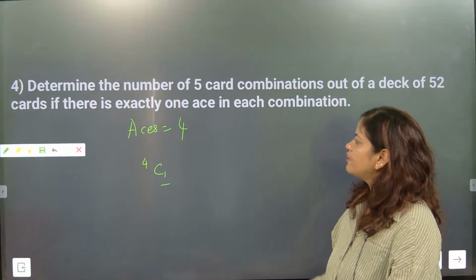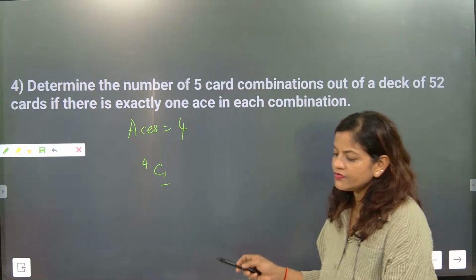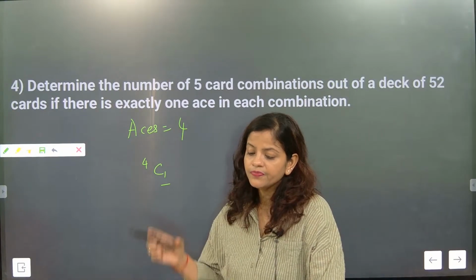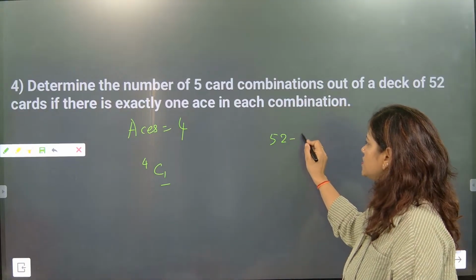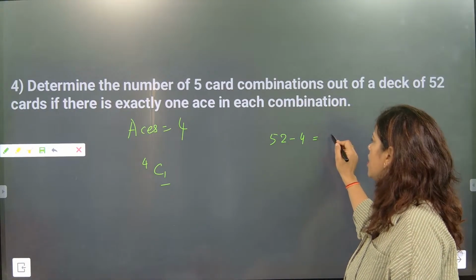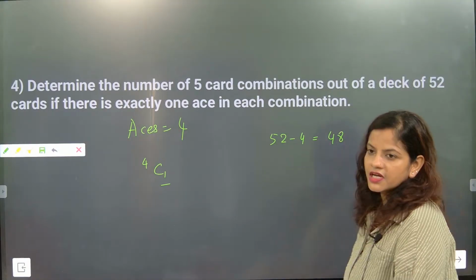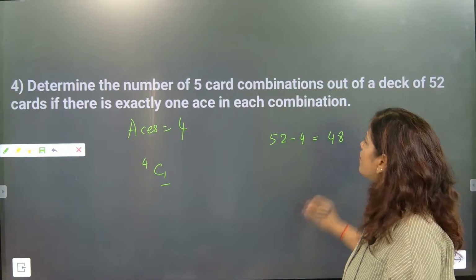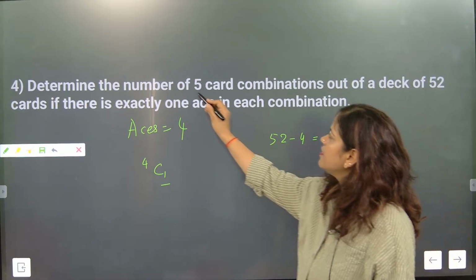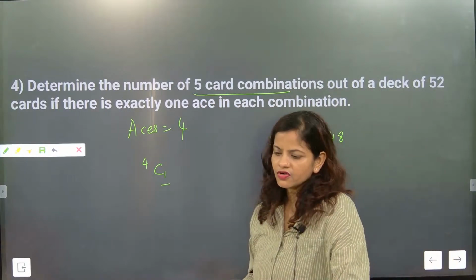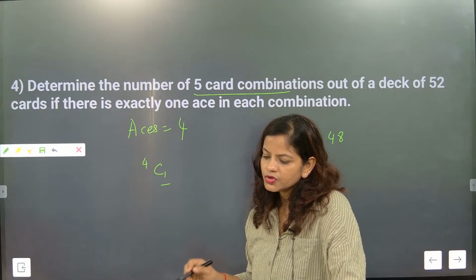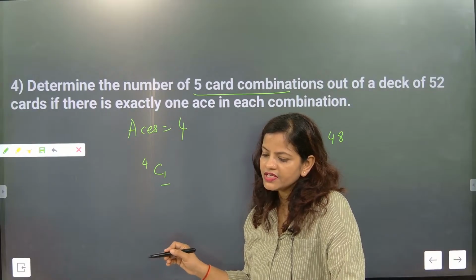Understood? So 52 cards, listen very carefully, 52 cards are there. So out of 52 cards, first you take out 4 cards. How many cards left? 48 cards. Understood? Now 48 cards are arranged in 5 card combinations. The total number of 5 card combinations will have exactly one ace.